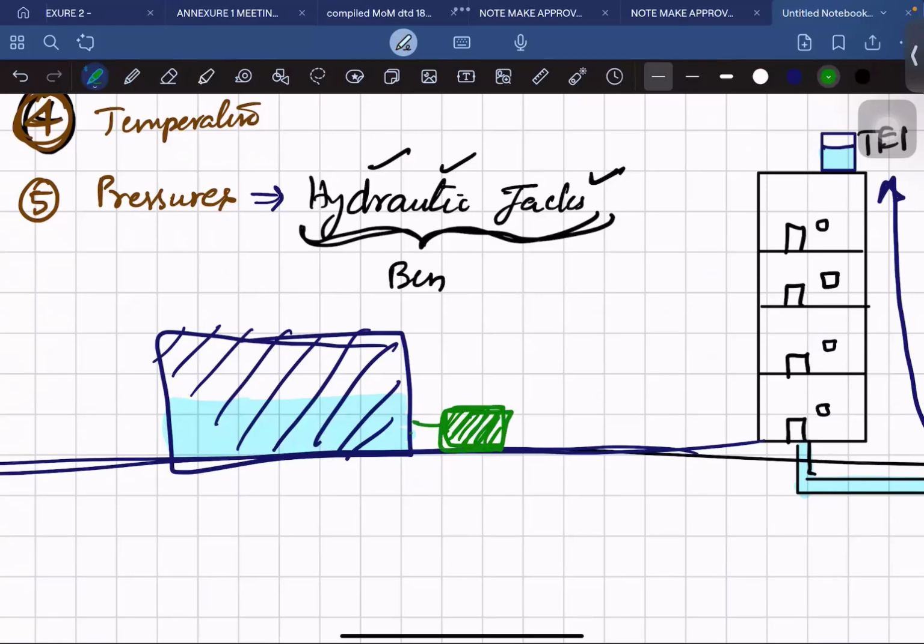They use these pumps, they give some energy to this water, and because of this higher energy, even though they are at lower level, their energy will be greater than energy here. That's why water will flow from here to here.